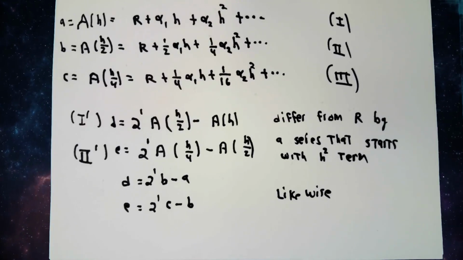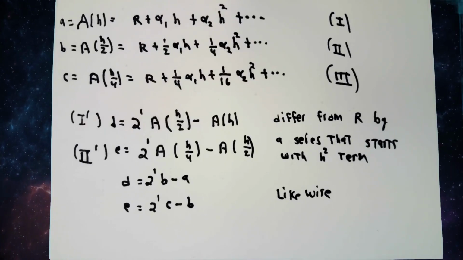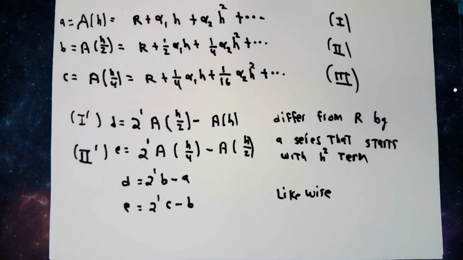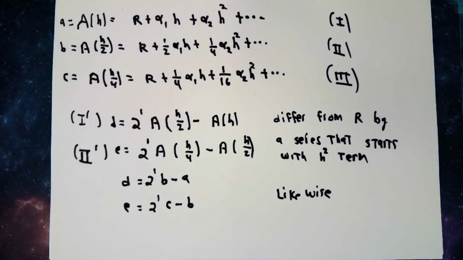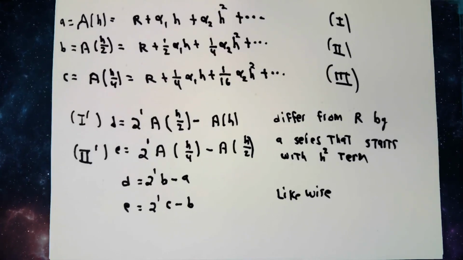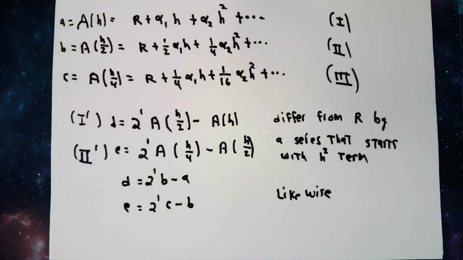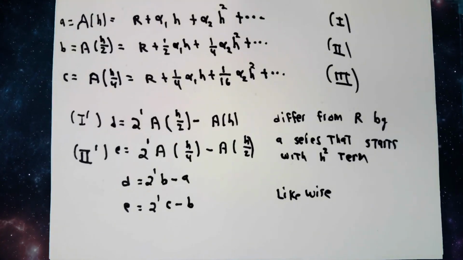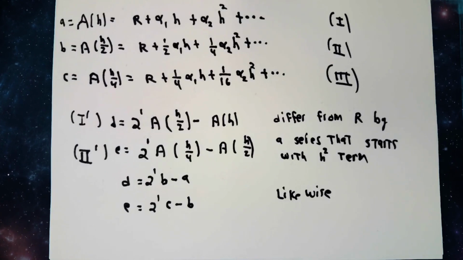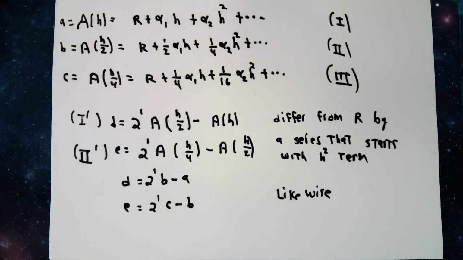One prime, I'm going to calculate d, which is 2 times the approximation based on h over 2, minus the approximation based on h, and 2 prime, e, will be 2 times the approximation based on h over 4, minus the approximation based on h over 2.